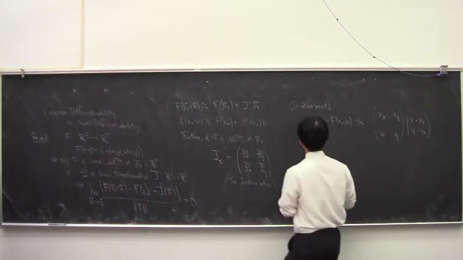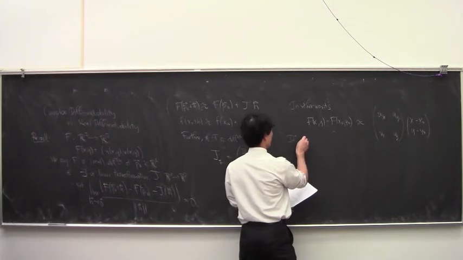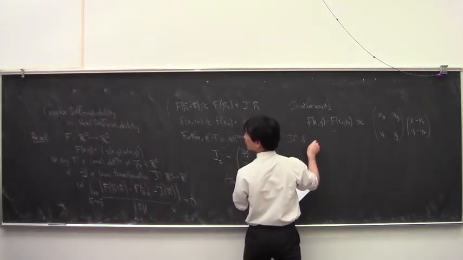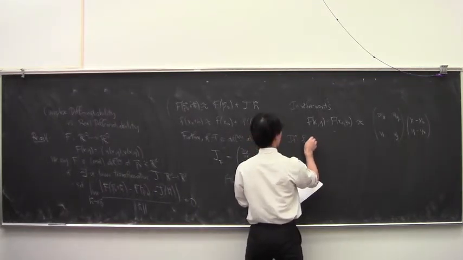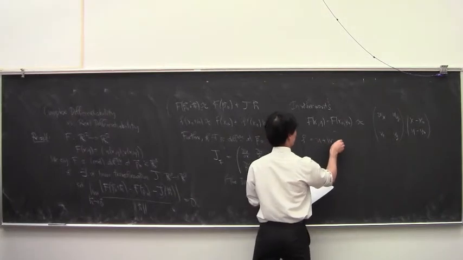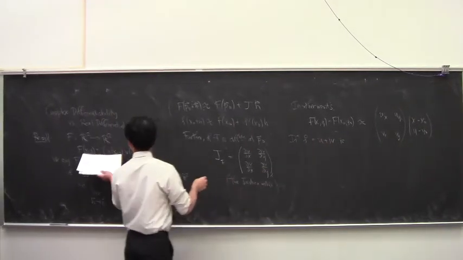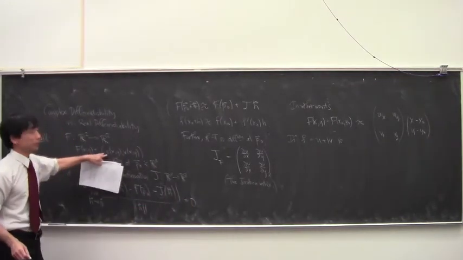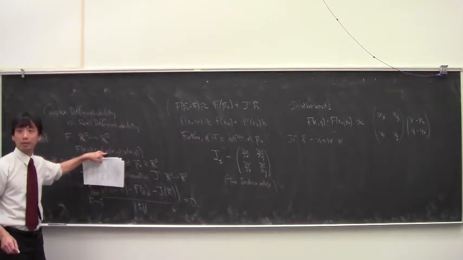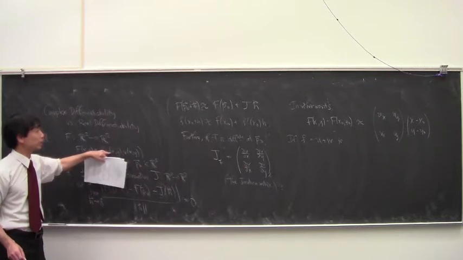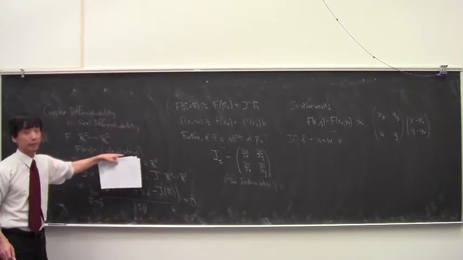Okay. So now, this function here, we're also going to think of as a function on the complex plane, little f being u plus iv.